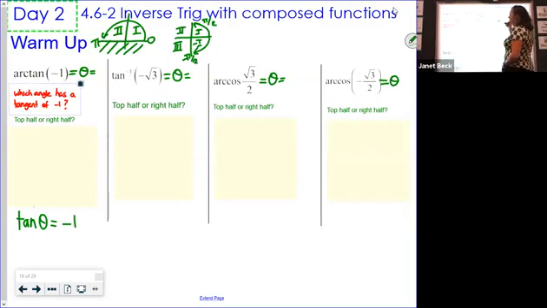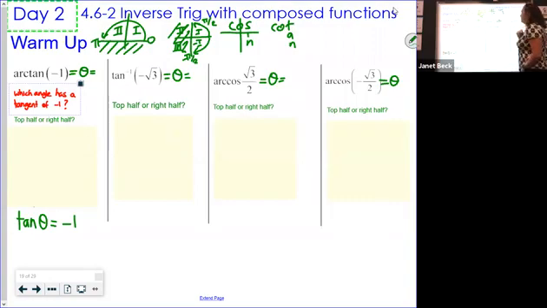So how to know whether you're looking at the top half or the right half of the circle, you can do this quickly. Cos, sine: cosine's in the top half, sine's in the right half. Cot goes with tan: tangent, you look in the right half; cotangent, you look in the top half. And secant goes with cosecant.